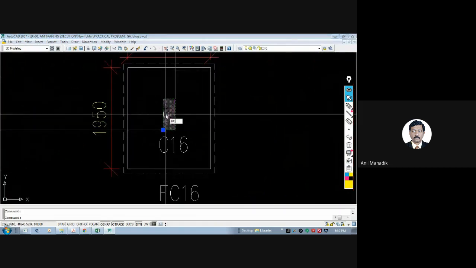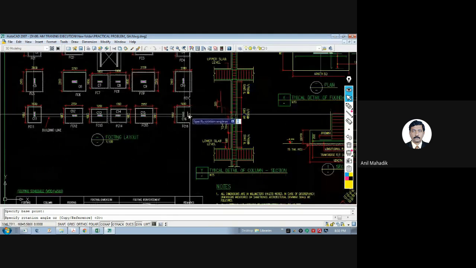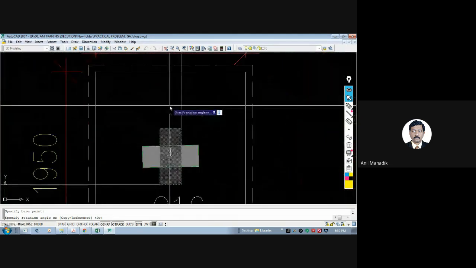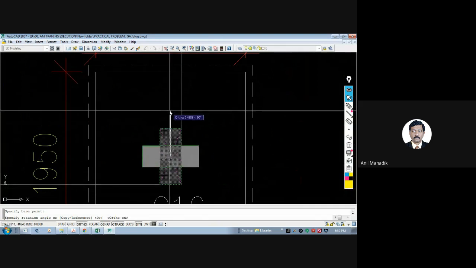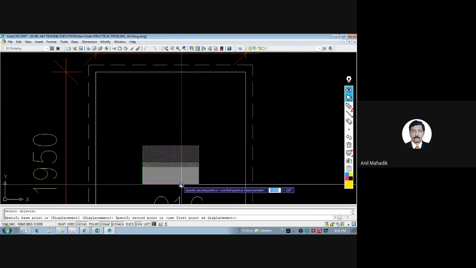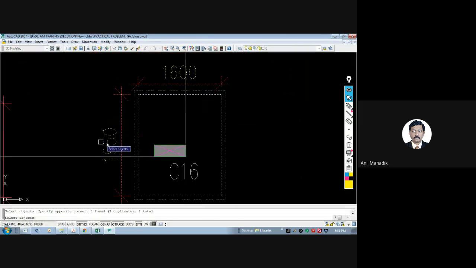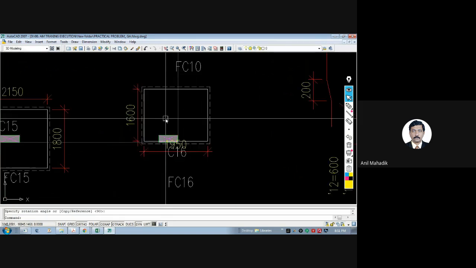So during construction, let's say this column is not yet casted, all other columns are in progress, and the architect told me to please change the orientation of this. For example, that means I need to change the orientation of the footing.